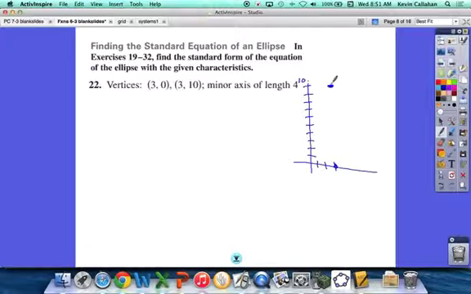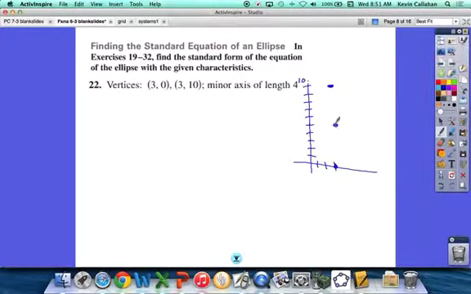Okay, if the vertices are there, where would we look to find the center? Exactly halfway between them, right? So what is exactly halfway between these two? (3, 0) and (3, 10). Halfway in between would be (3, 5), right?